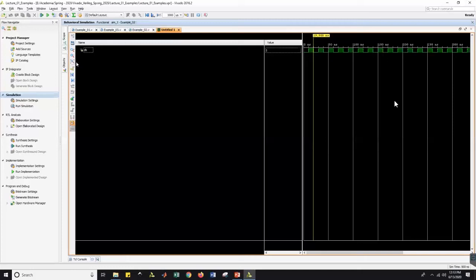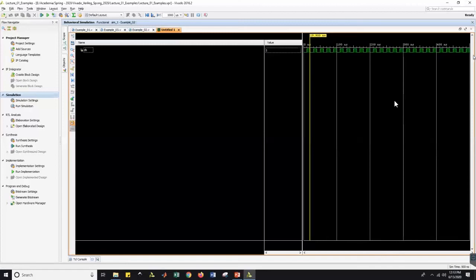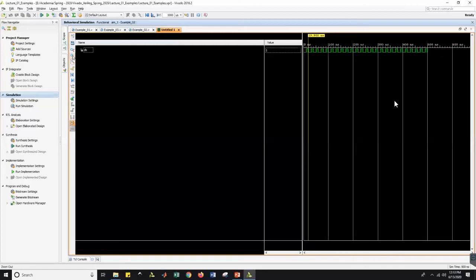The last thing we want to verify is whether the simulation is stopped at 500 nanoseconds or not. If you look at 500 nanoseconds, there is no clock after it. So all three operations are verified: initialization, continuous toggling activity, and also the simulation halting activity.